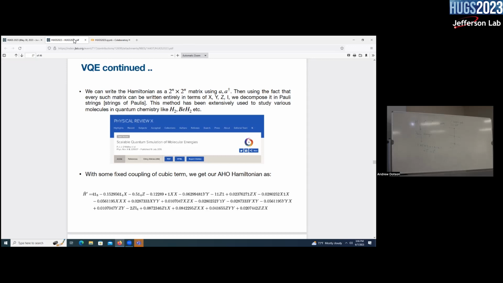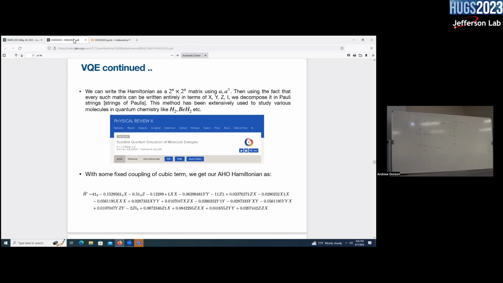We won't go to a very fancy system which has a Hamiltonian of a very big size. We'll just focus on an 8 by 8 anharmonic oscillator. Suppose I take the harmonic oscillator and I turn on some value of the cubic or quartic coupling, you get a Hamiltonian.